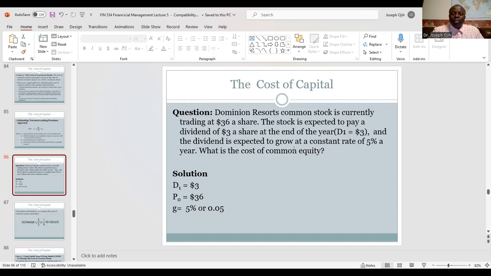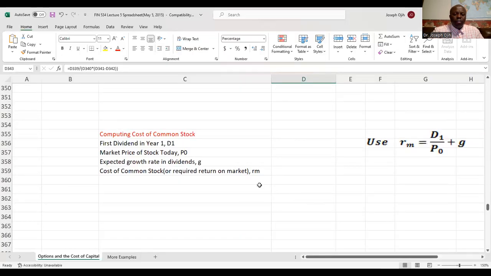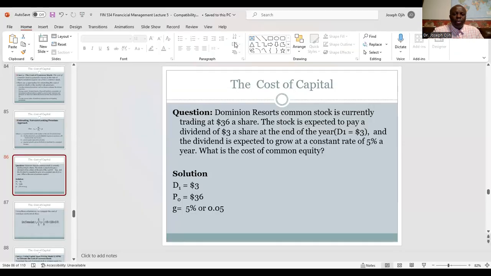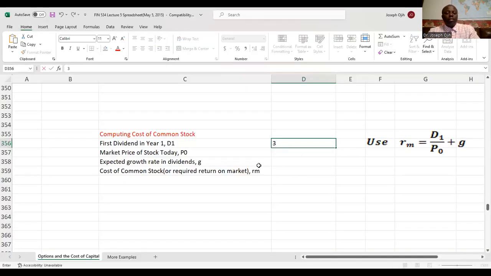So what we're going to do now is to put our inputs where they should belong. So we're going to say cost of common stock. The first year dividend, the year one dividend, we're going to get from here. It says that it's $3. So we'll put in $3. Then market price of stock today, P0.